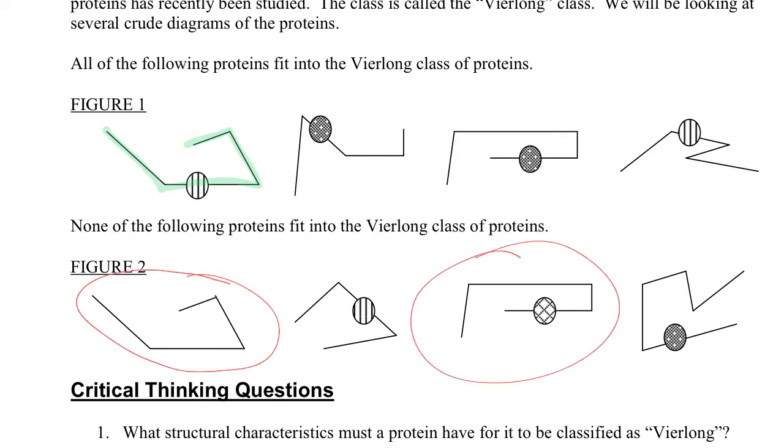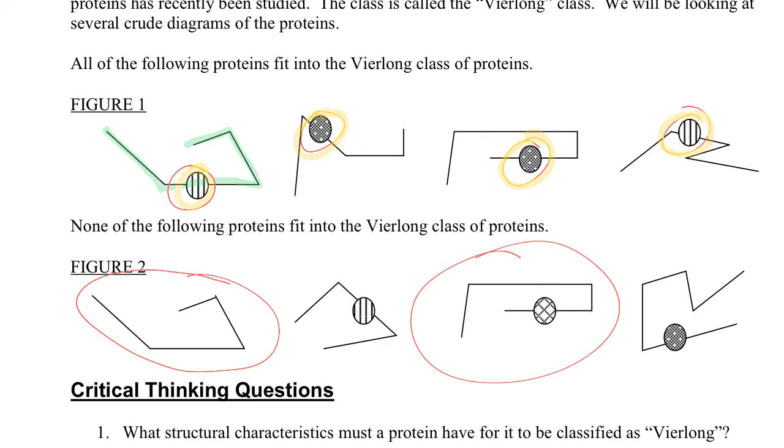So this one has 4 segments in figure 2. So does this one. However, in figure 1, we see that they all have a circular, I'll call it a globule. And all of the globules in figure 1 are either striped here and here, or they are dotted there and there.